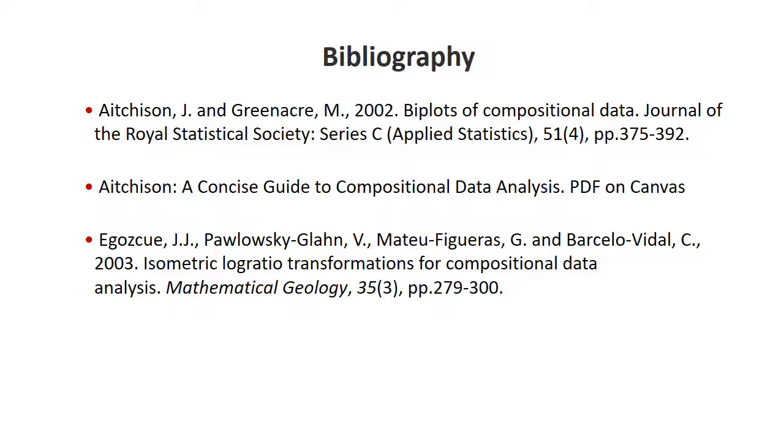We'll see that there are a number of forms of these log ratio transformations, and this paper discusses the various forms available and their properties. In log ratio analysis and in the exploratory data analysis we'll be discussing, we'll also be looking at biplots. And so I think the original paper by Aitchison and Greenacre is a quite nice introductory and educational paper on biplots for compositional data.